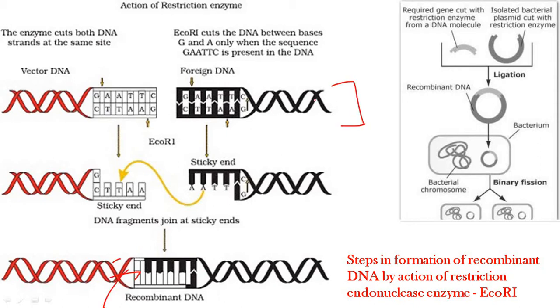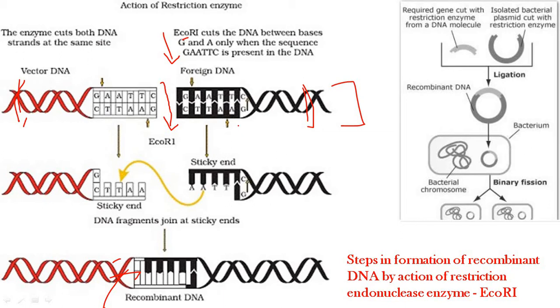You can see these are the ends. If the enzyme cuts here, then obviously it is an exonuclease. And you can see the E. coli enzyme cuts in the middle of the DNA strand, making a nick. So it is an endonuclease. Endonucleases cut the DNA molecule from inside.